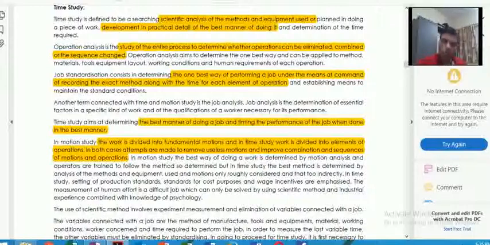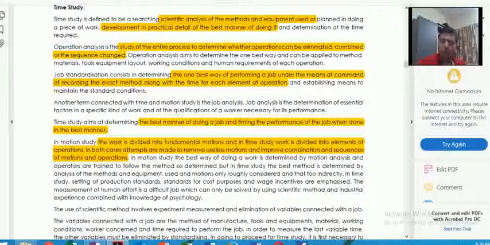This will be done for each and every machinery or each and every worker. The total number of movements will be counted, say 10, 11, or 12 movements. Then it is bifurcated into 2 parts: necessary or essential movements, and unnecessary or non-essential movements. The non-essential movements are eliminated and only the essential movements remain.